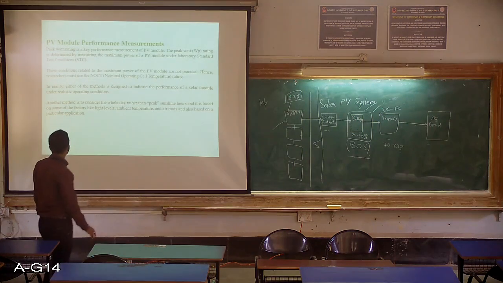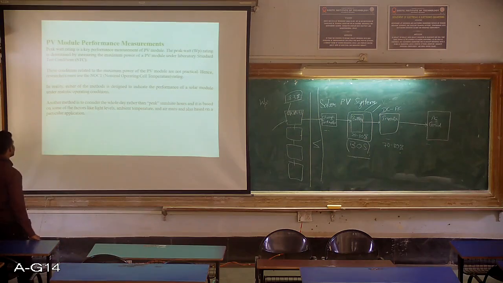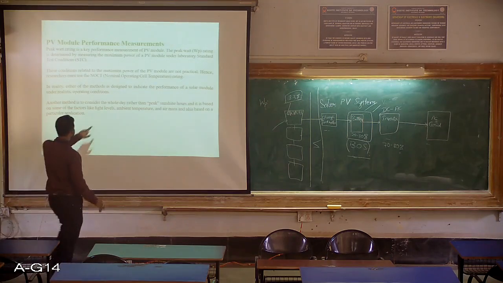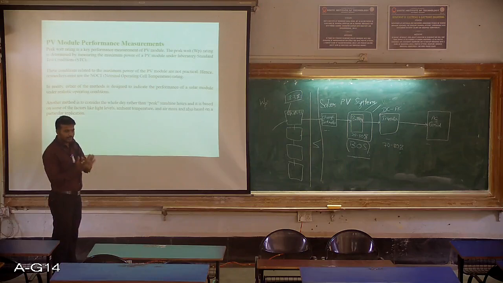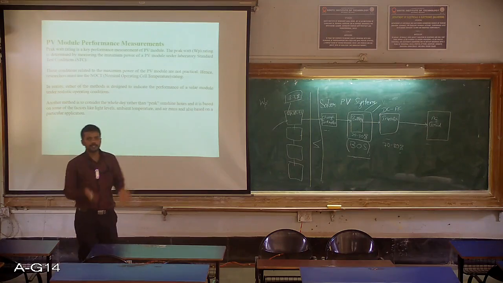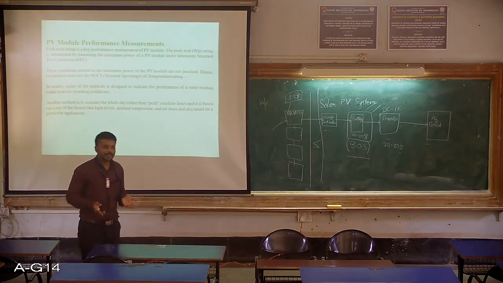Another method is to consider the whole day rather than peak sunshine hours, and it is based on factors like light levels, ambient temperature, and air mass, and also on the particular application. Performance depends on the light level, meaning how much sunshine is available. It depends on the ambient temperature: if the temperature is low, even though sunshine is more, it will extract lesser power.